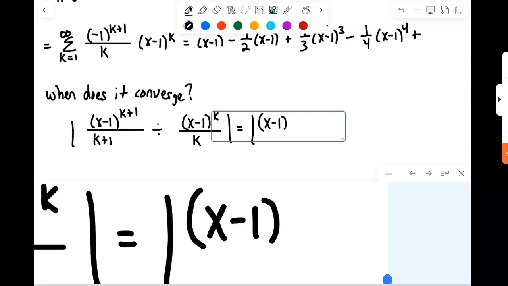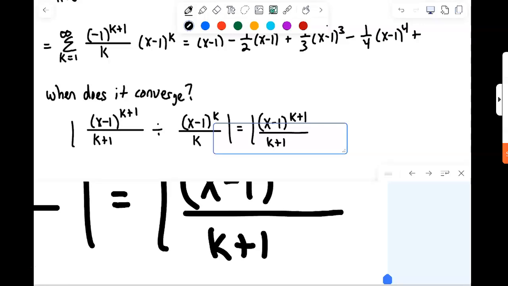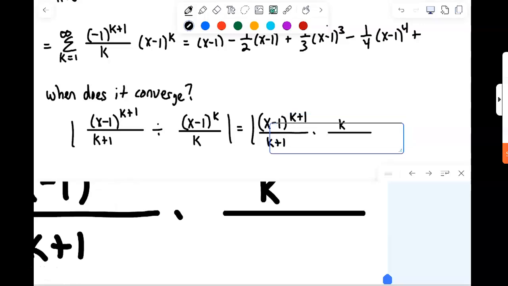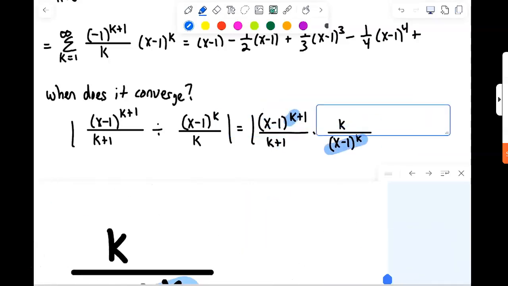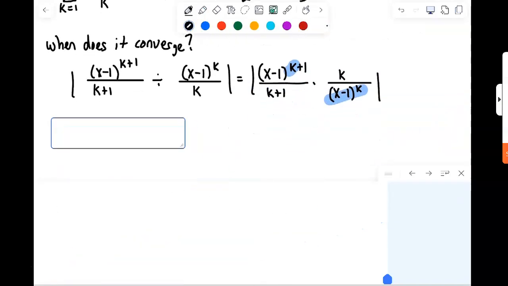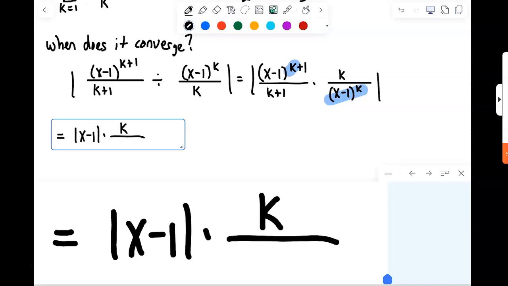x minus 1 to the k plus 1 over k plus 1, times k over x minus 1 to the k. And so all that happens here is the x minus 1 to the k is going to cancel with the kth power on top. Nothing else reduces there. So this is going to be absolute value of x minus 1 times k over k plus 1.